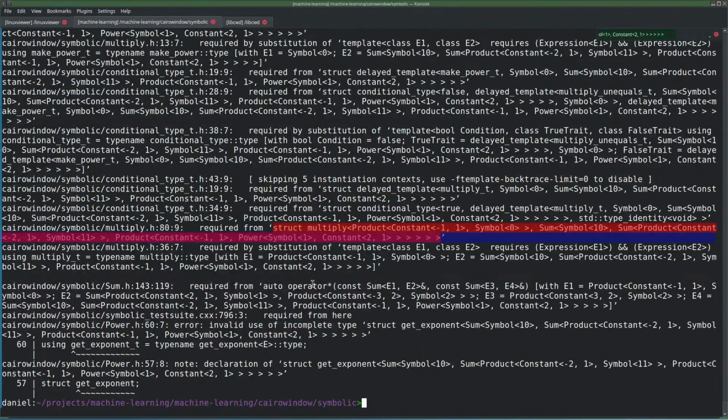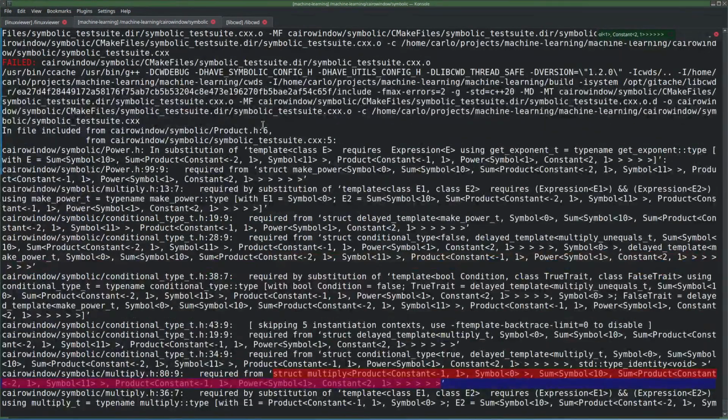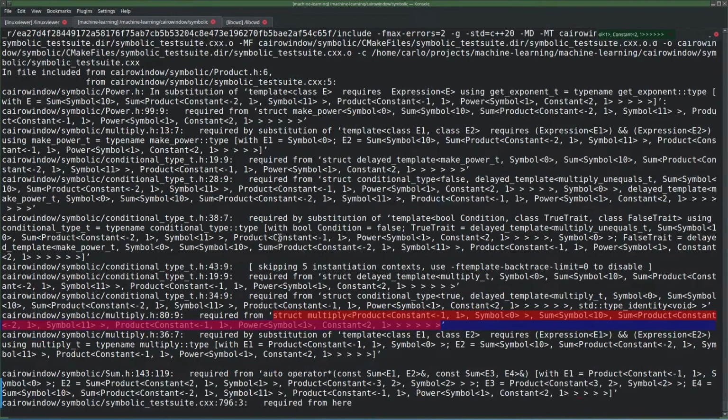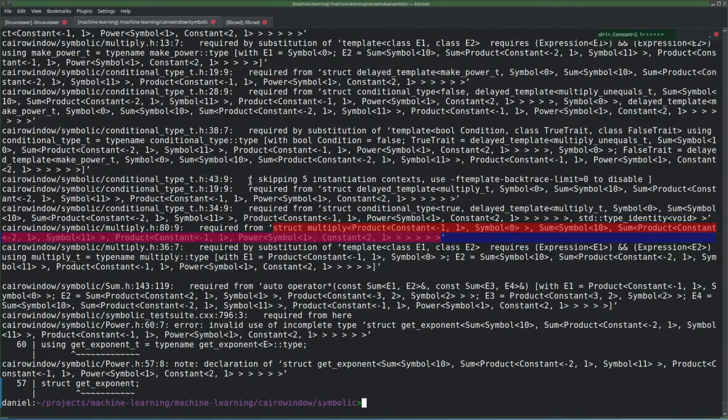Which contains this, and the real error is requires... this is the error.